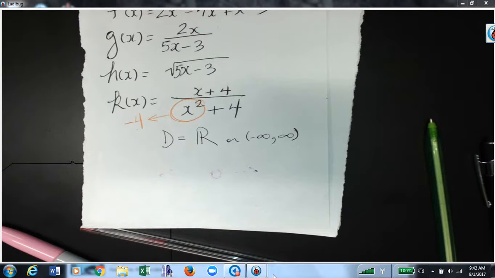No. Okay, so when you square 0, 0 squared, you'll get 0. If you square a positive number, you get a positive number. If you square a negative number, you get a positive number.